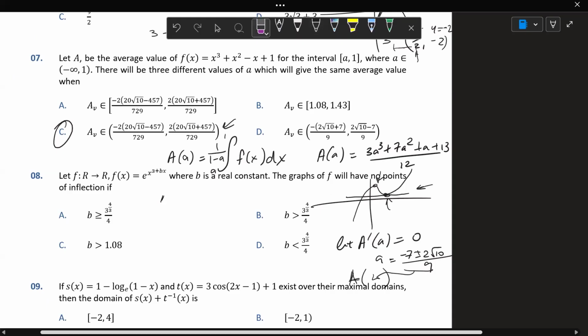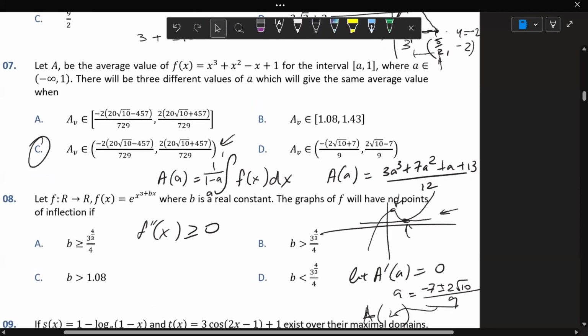So the way to do this is you want to find where f dash x is larger or equal to 0. So basically you want to find a way where it's always positive, and that way there won't be a point of inflection.